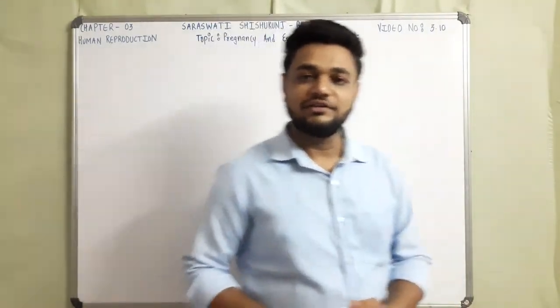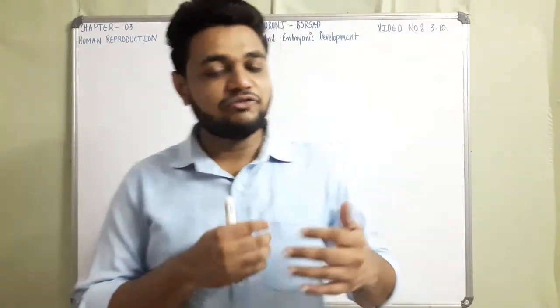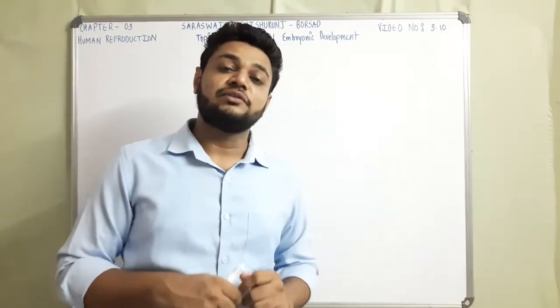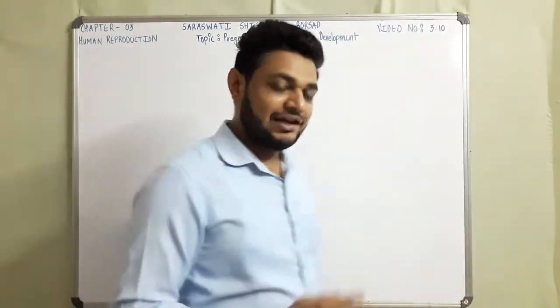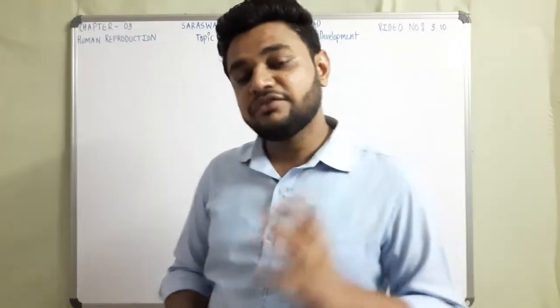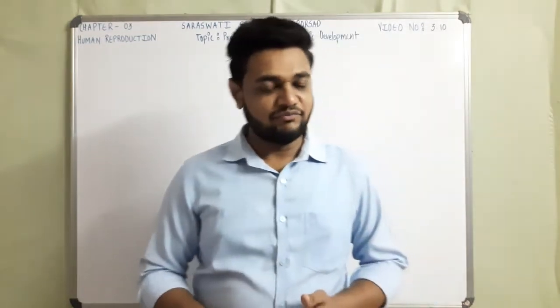Today's topic is pregnancy and embryonic development. Now when I say this topic, we need to understand what was taught in the previous video. First of all, the topic was fertilization and implantation, right? When fertilization occurs, it is a fusion of male and female gamete, isn't it?